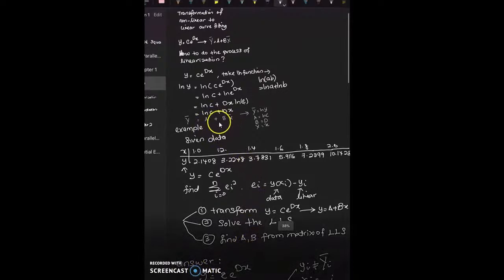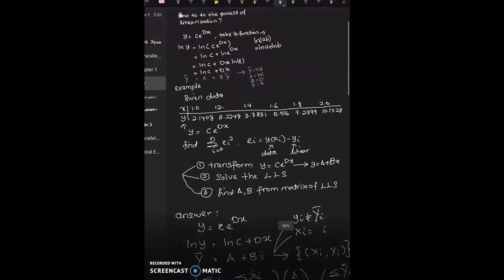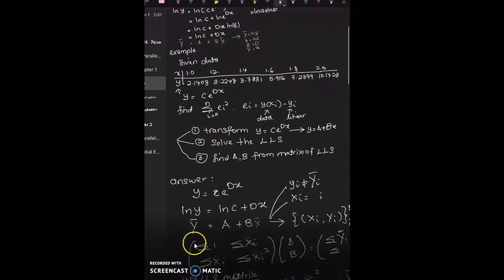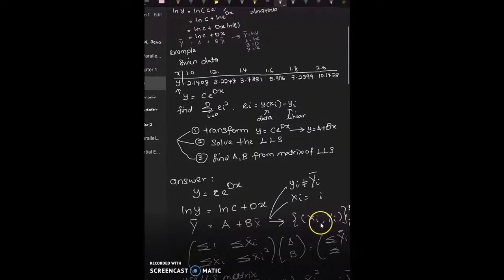The extra part here is only transforming nonlinear to linear form. The rest you can get from the topic we learned in the previous class on Sunday. Now let's continue. We already know the given exponential function representing the data is c exponent dx.